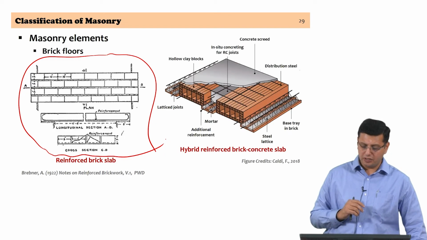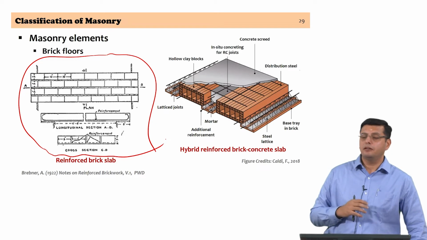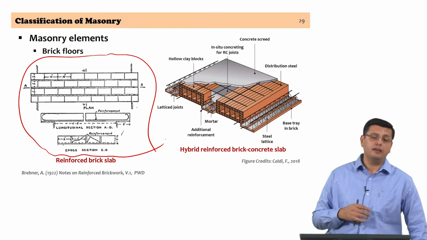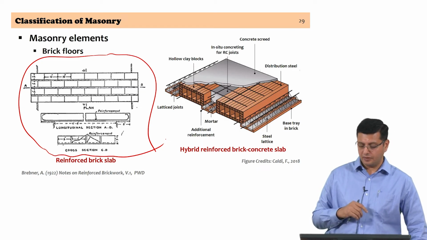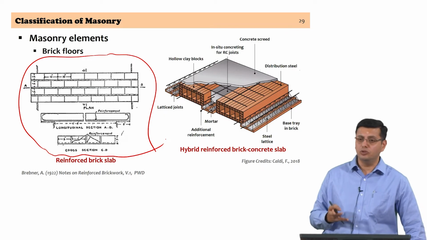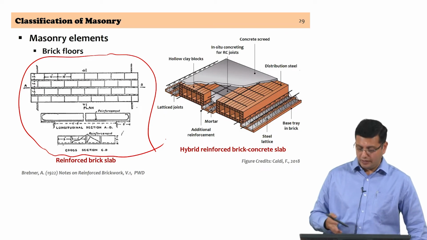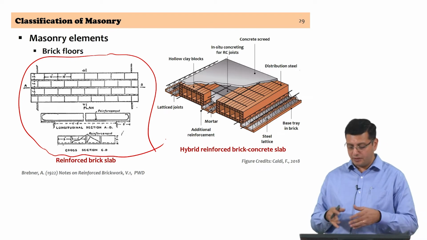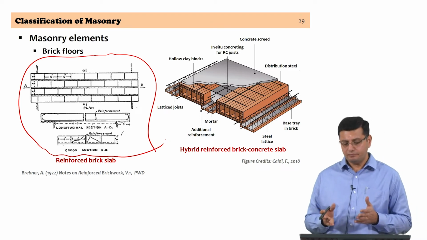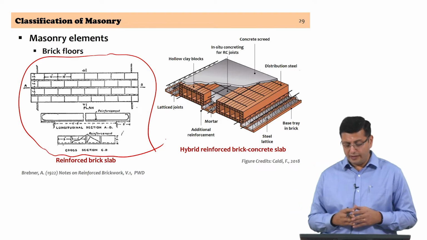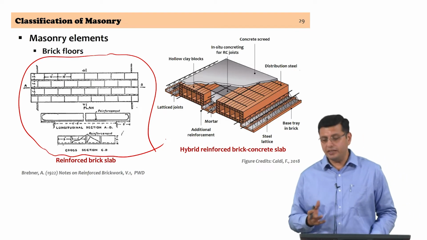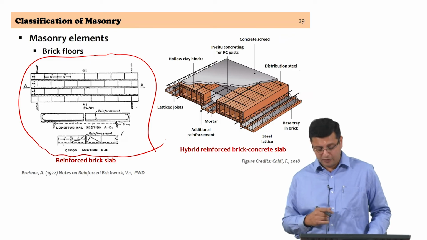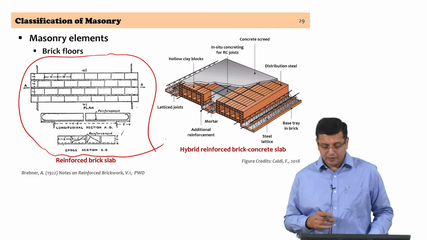This is again a typology that is not so prevalent in India yet, but in countries in Europe and in New Zealand and Australia, you would have these constructions. And if you examine this picture here, it will give you a fairly good idea of what a reinforced brickwork cum concrete slab would entail.